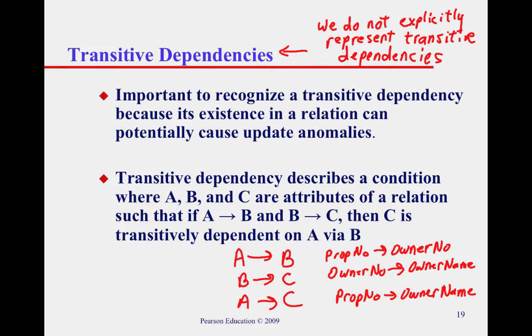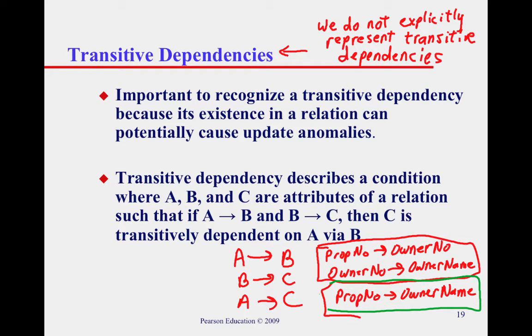Okay, they are implied. So this one, we would write out these two, whereas this one, I know I'm doing it in green, that one we would not write out because it's a transitive dependency. So if, on the homework assignment or on a test, I ask you for the full functional dependencies for a relation, I don't want you to write down a transitive dependency.